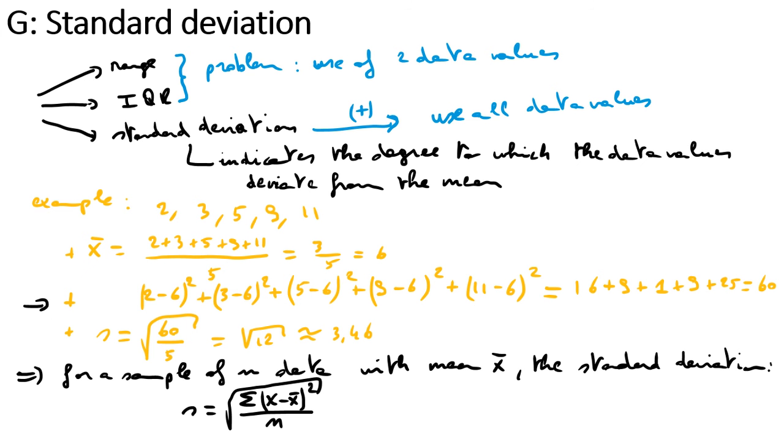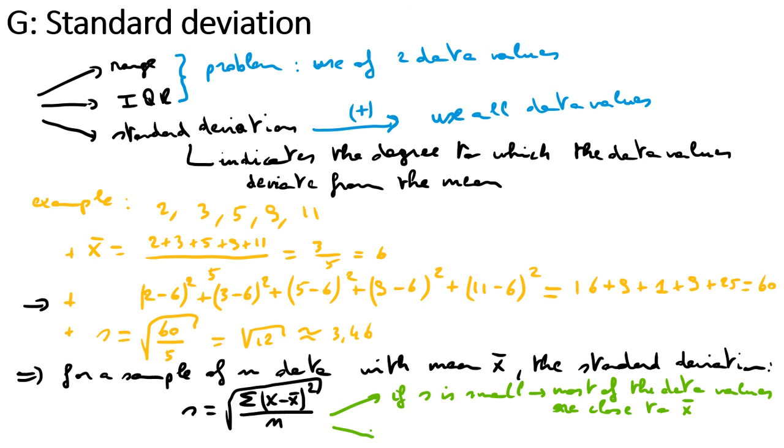Okay, and if the standard deviation is small, then we can say that most of the data values are close to the mean.